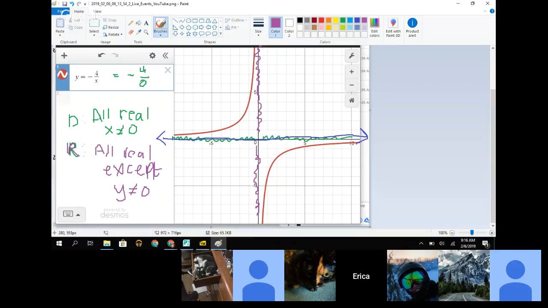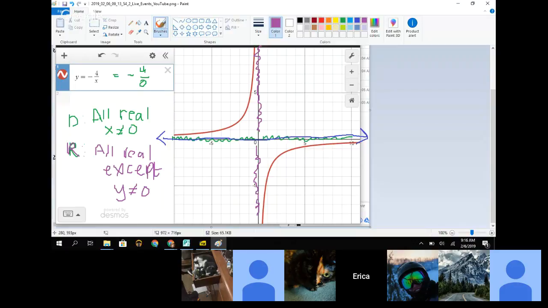Okay, so why is that? So the x equals 0 makes sense, right? I put 0 in and I get undefined. Why can't I ever get y to equal 0? Well, can you tell me any x that you could put in that would make y equal 0?